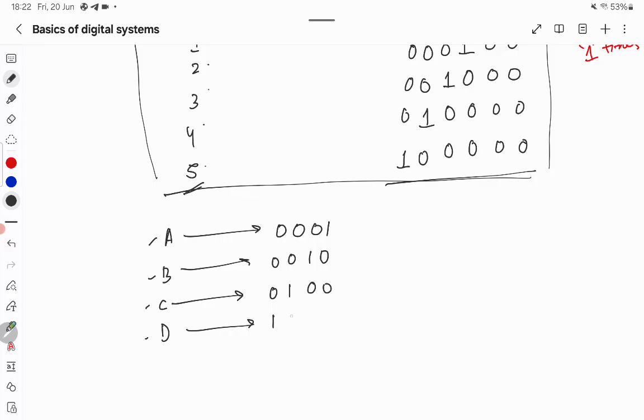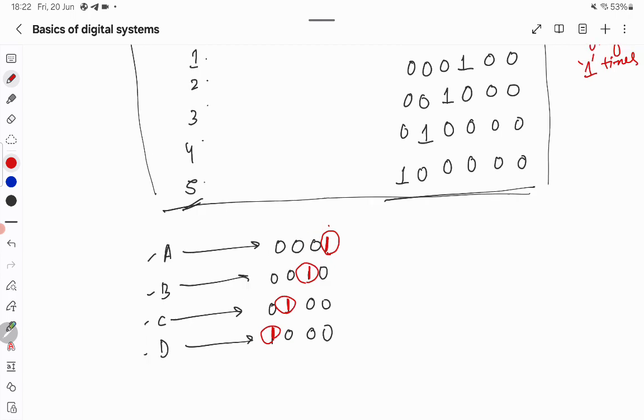This one will be 1 0 0 0. At every time you will have only one 1, and since it is at the ones position, then tens position, then hundreds position, then thousands position, the position of the 1 will change, but there will be only one, no more than one.